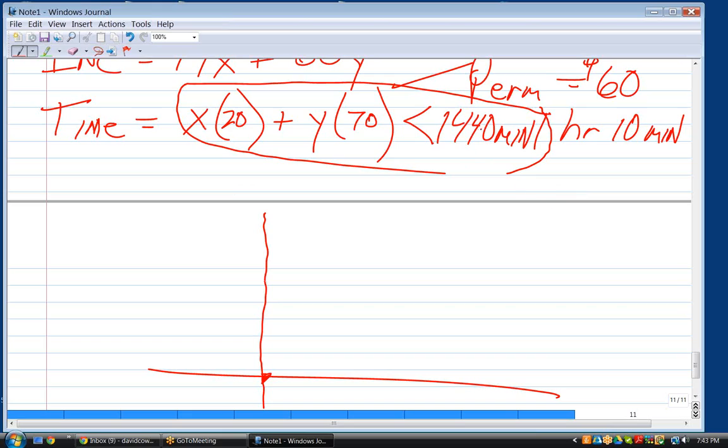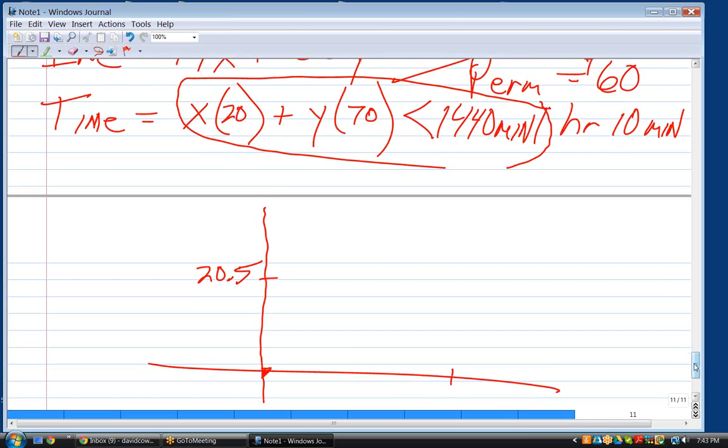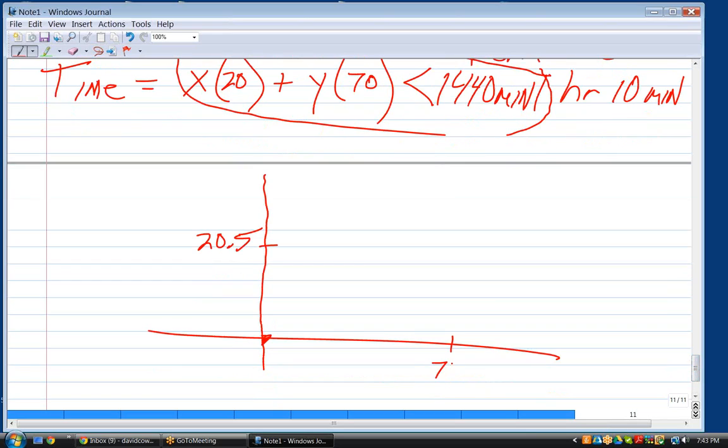So the y-intercept is 1440 divided by 70, which is about 20.5. The x-intercept comes when y is equal to 0. So this number divided by 20 is 72. Not 720, it's 72.